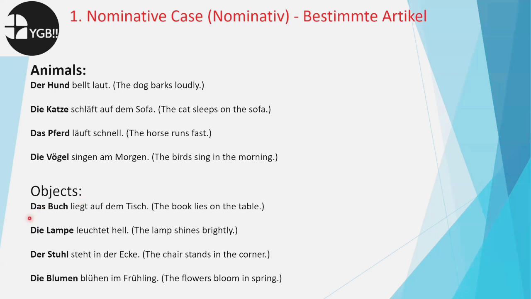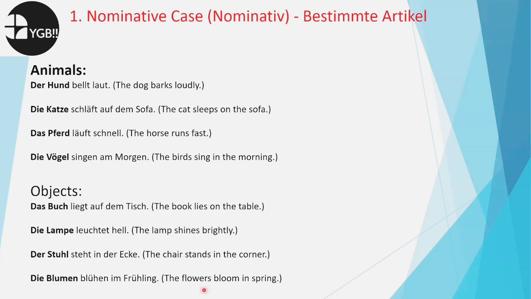So next, objects. Das Buch liegt auf dem Tisch. The book lies on the table. Die Lampe leuchtet hell. The lamp shines brightly. Der Stuhl steht in der Ecke. The chair stands in the corner. Ecke means corner. Die Blumen blühen im Frühling.